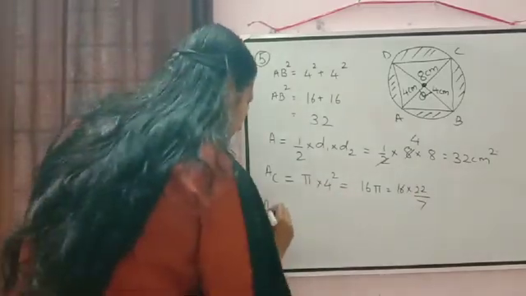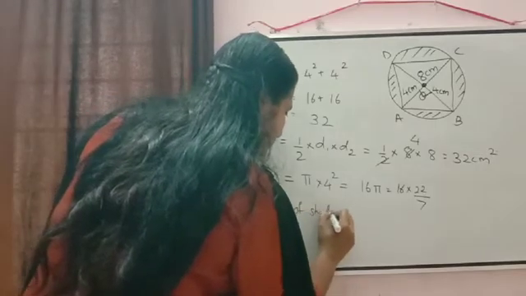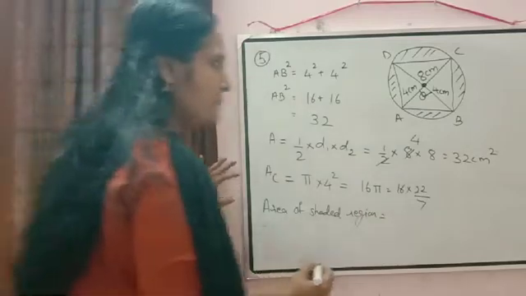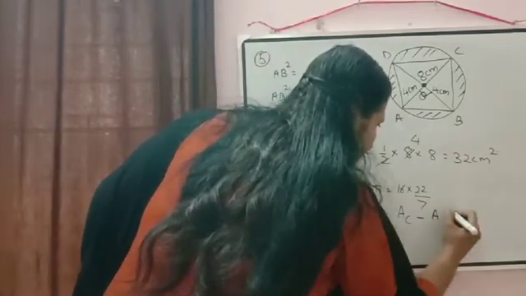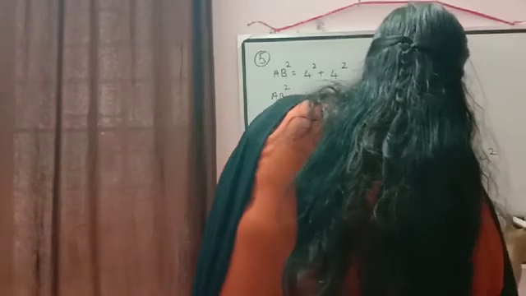Now just to write down there, area of shaded region is equal to, what we will do? Area of circle minus area of square. What is area of circle we wrote here? 16 into 22 by 7 minus area of square we wrote here, 32.